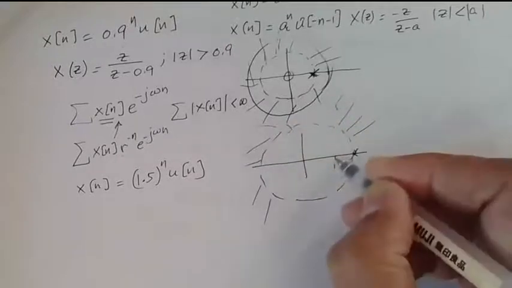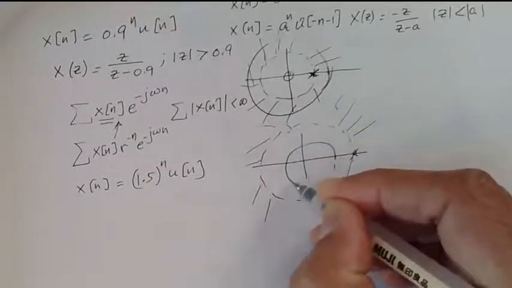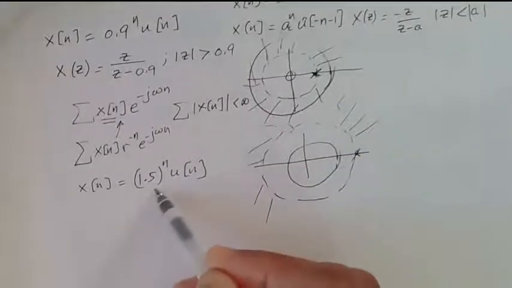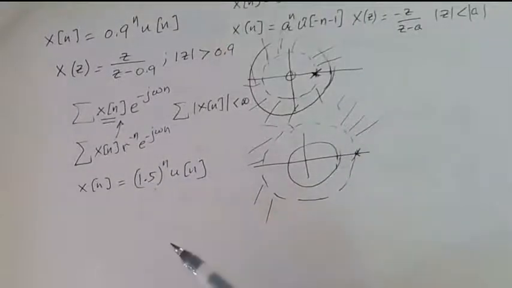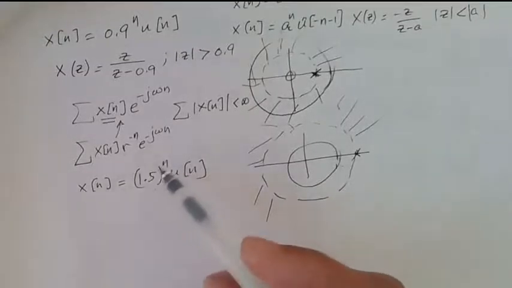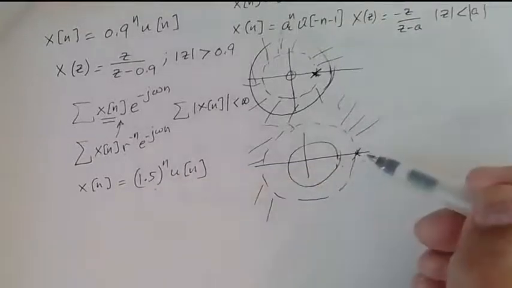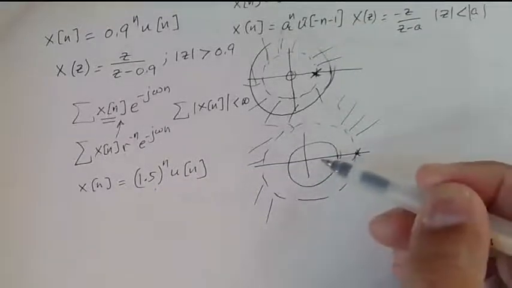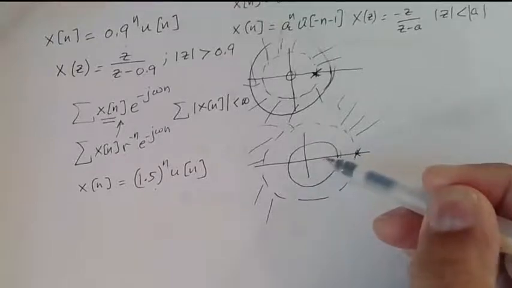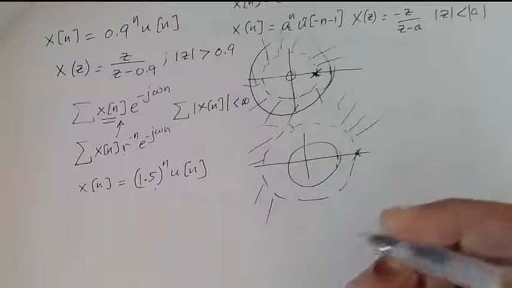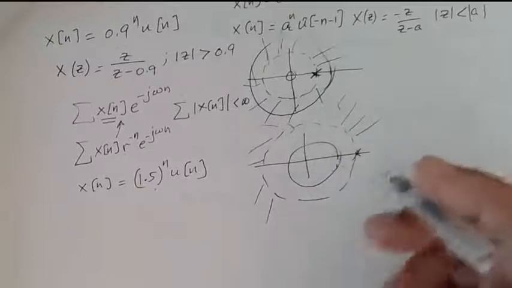So it doesn't include the circle of radius 1, which is where my Fourier transform exists. So I don't have a Fourier transform for this particular sequence. Like in the case of the Laplace transform, we'll look at systems which are unstable, and then we'll try to move the poles inside of the unit circle, so that the region of convergence includes the unit circle and we get stability. And the way we'll do that is, of course, using feedback.